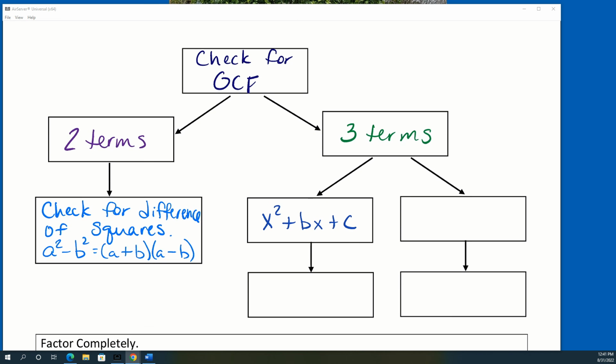When it's that situation, you're just going to factor normally. Or it could be one where there is a number in front of x squared. So ax squared plus bx plus c. And on that one, you're going to slide, divide, bottoms up.